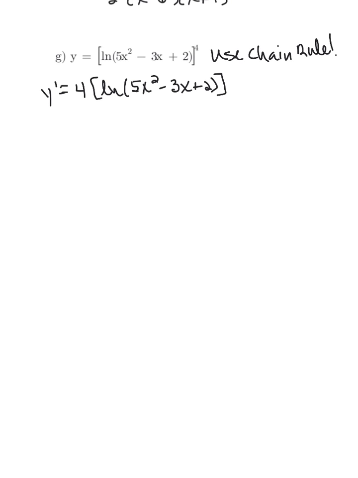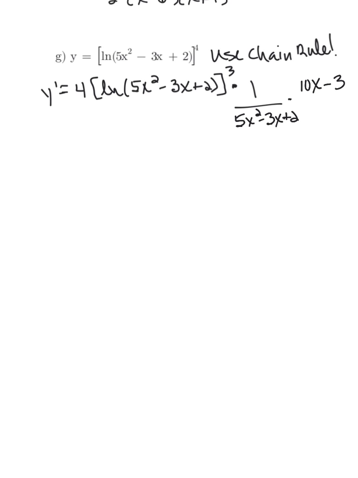Now your new power goes down by 1. Then we do the derivative of the inside. The derivative of this inside, because it's a natural log, will be 1 over the entire argument, 5x squared minus 3x plus 2, times the derivative of that argument, which will be 10x minus 3.